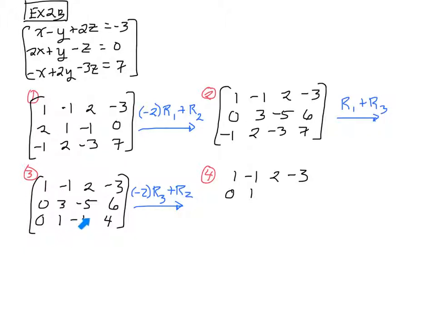And then negative 1 times negative 2 is positive 2, plus the negative 5 is negative 3. 4 times negative 2 is negative 6, plus the 6 is 0.